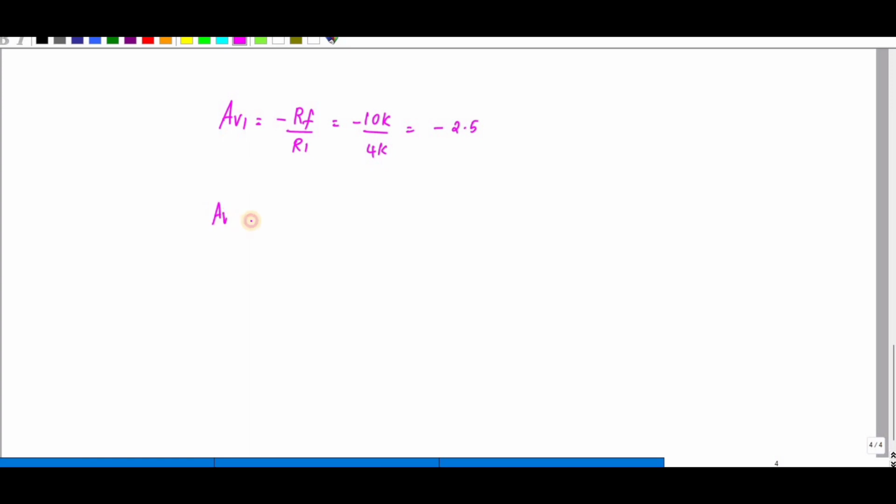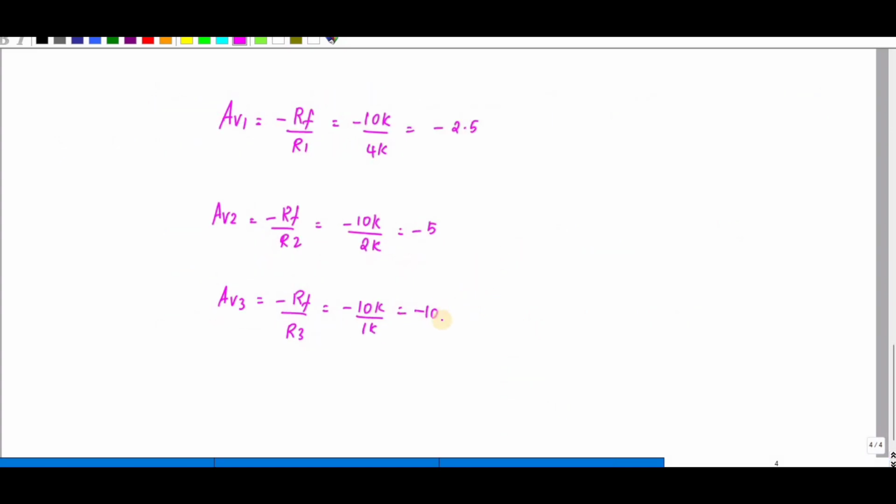AV2 is equal to minus RF divided by R2, which is minus 10K divided by 2K, so it is minus 5. AV3 is equal to minus RF divided by R3, which is minus 10K divided by 1K, so it is minus 10.